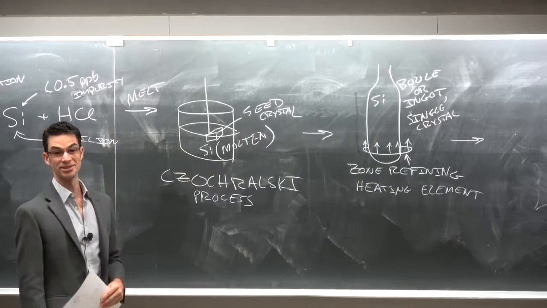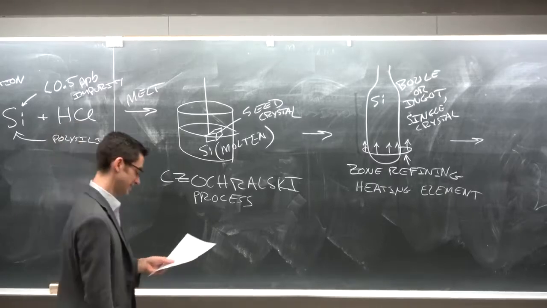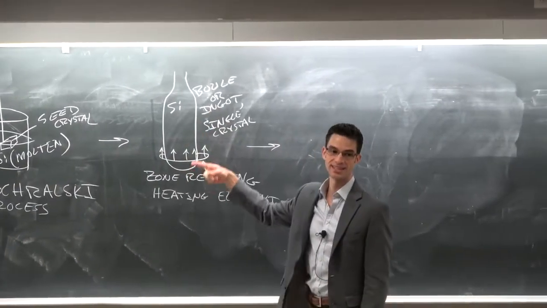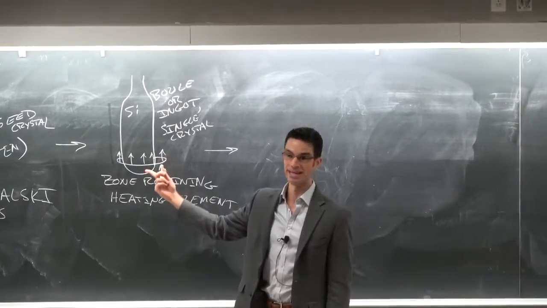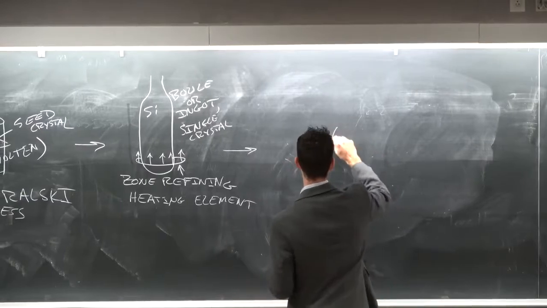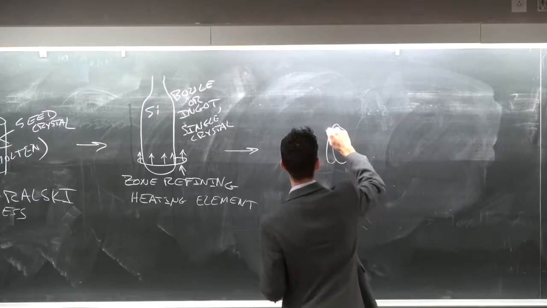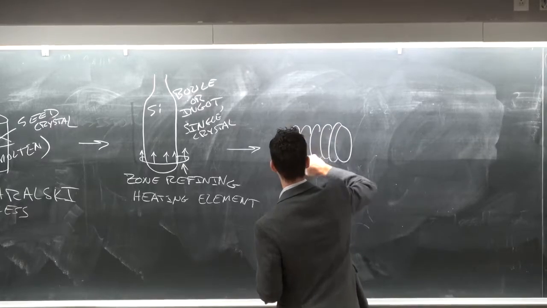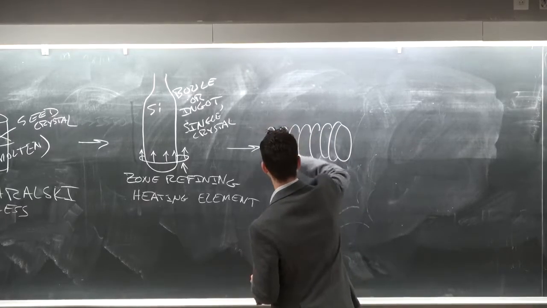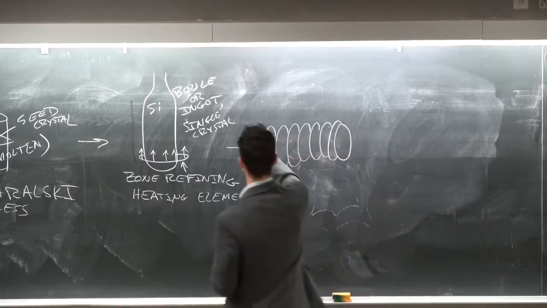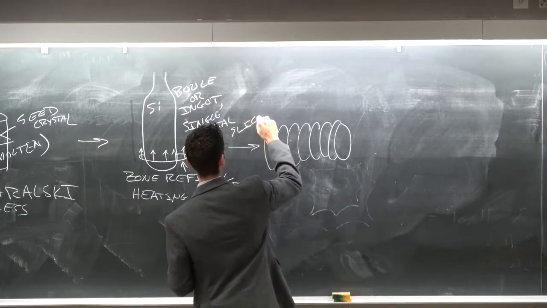The next part seriously does involve a cutting process. You then take this boule and you slice it like salami. And so this is the slicing process.